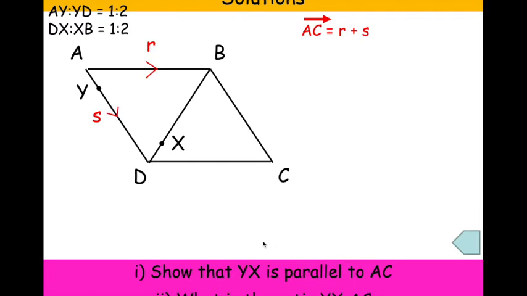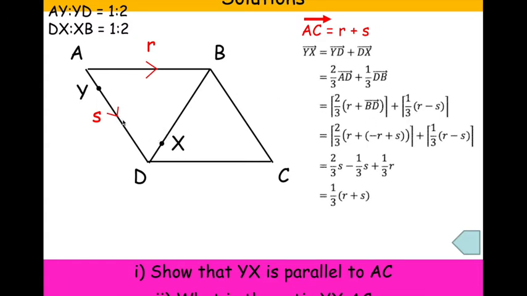And then we need to find vector YX. Vector YX is equal to YD plus DX.